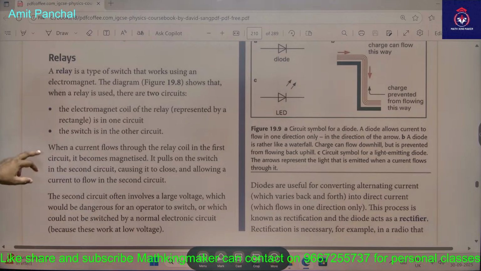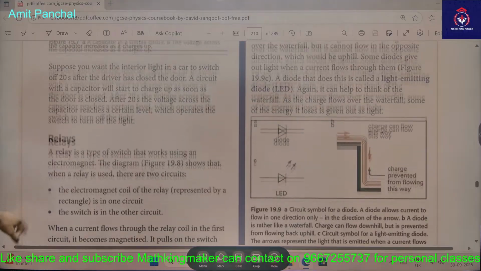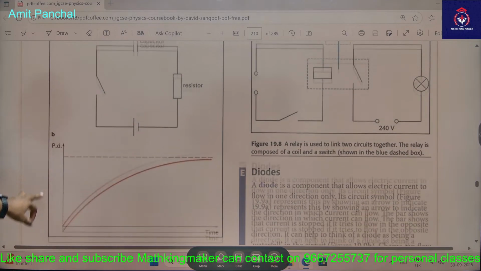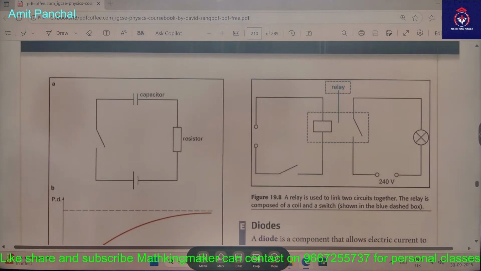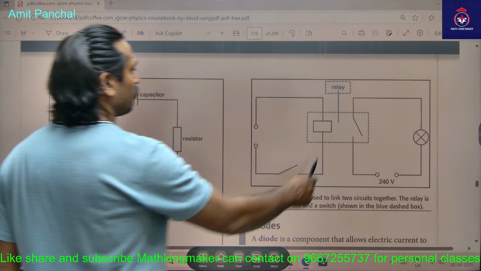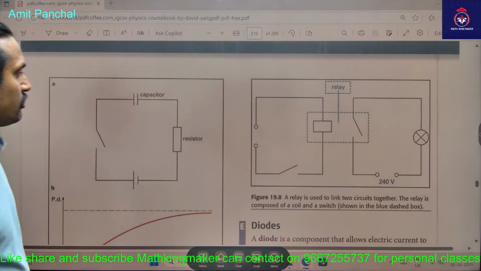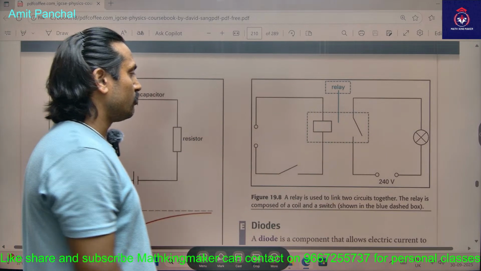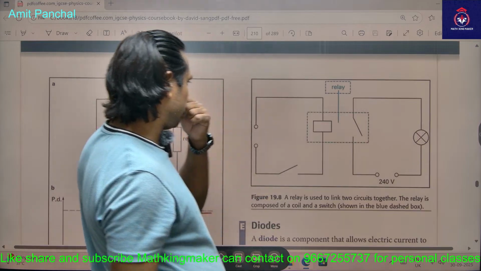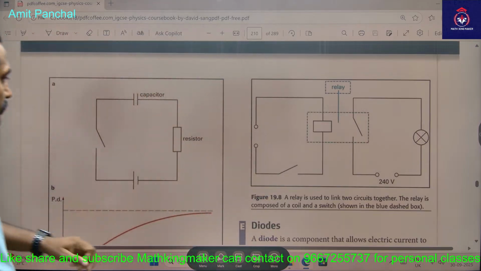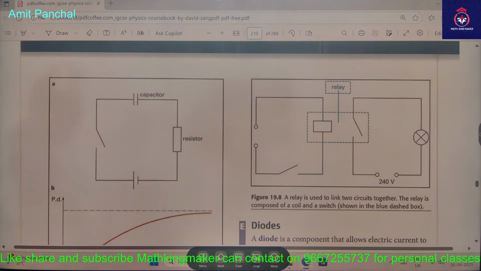The diagram 19.8 shows that when a relay is used, there are two circuits. This one is your relay. A relay is used to link two circuits together.